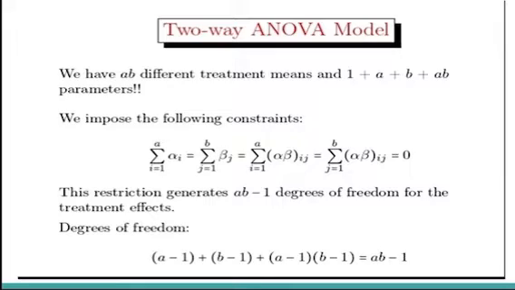A minus 1 is the degrees of freedom of factor A, and B minus 1 is the degrees of freedom of factor B. Don't forget, what do you normally do in interaction? We multiply. This multiplied by this gives that of interaction. If I simplify, that would be (A minus 1)(B minus 1), the degrees of freedom for the interaction.